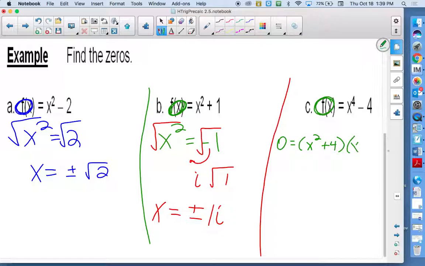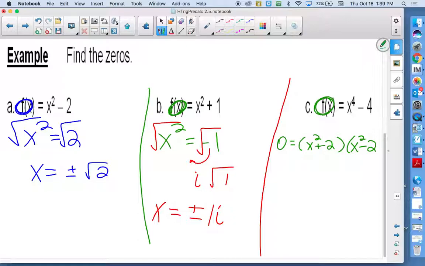How about instead of 4, x squared plus 2 and x squared minus 2? There we go. You can do that because 4 is a perfect square, so this is a difference of perfect squares. So you can factor it as x squared plus 2, x squared minus 2.